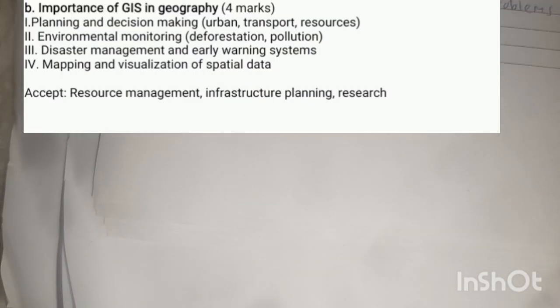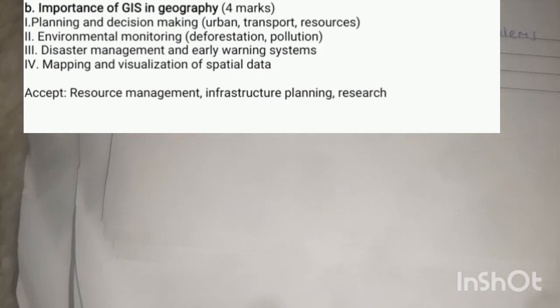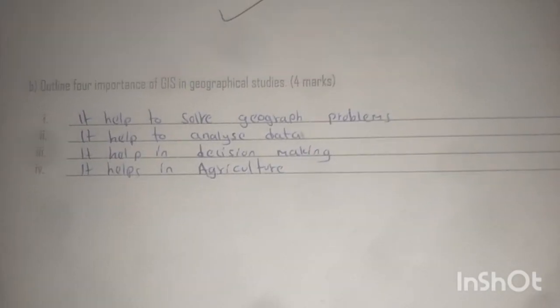We're able to see where the terrorists are and what we can do about it. It helps to analyze data, which is very essential in decision making, like where do we put this, especially in urban and rural planning. It also helps in mapping and visualization of spatial data. We're able to just have a clue on what happens.